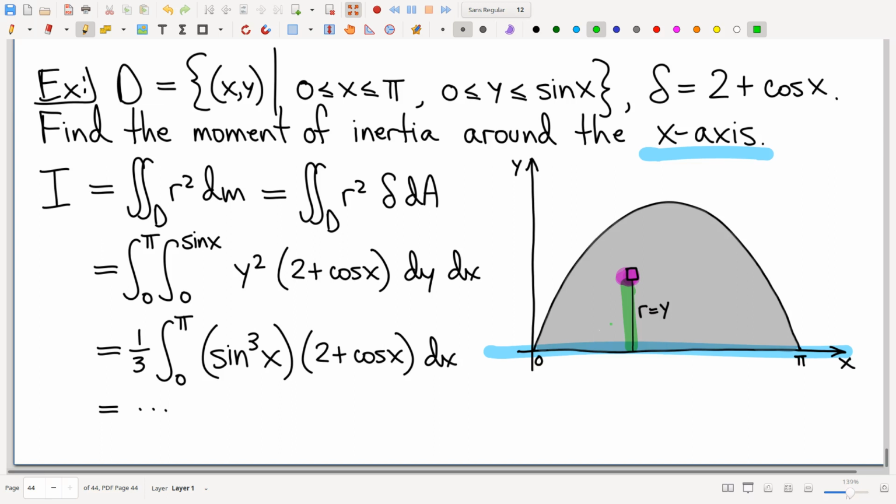That's the y-coordinate. And so r here is just y. Yada, yada, yada. Details, computations. Is everybody on board? Okay. All right. Cool. So that finishes 5.6.